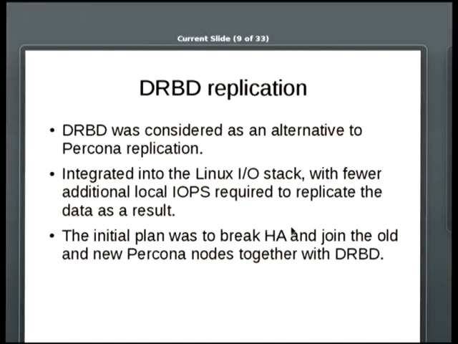So there's less I/O activity required to replicate that data. There is still some additional I/O since, for the initial sync, it will need to read from the disk, but nowhere near as much as with Percona replication.